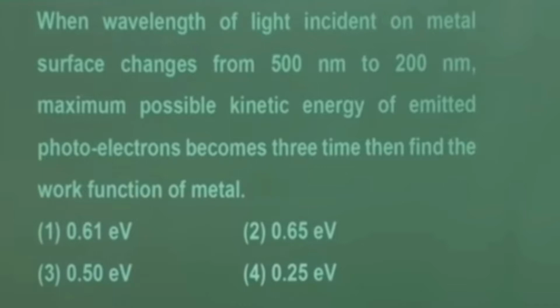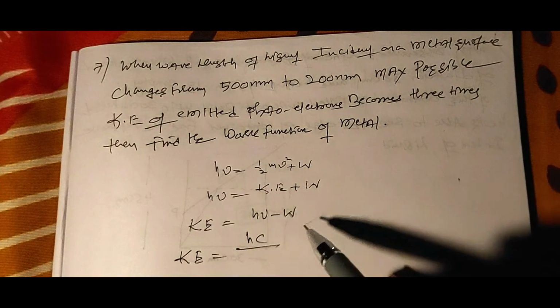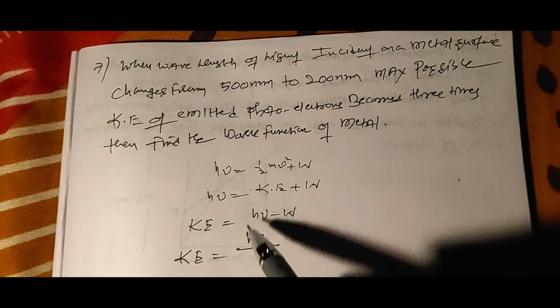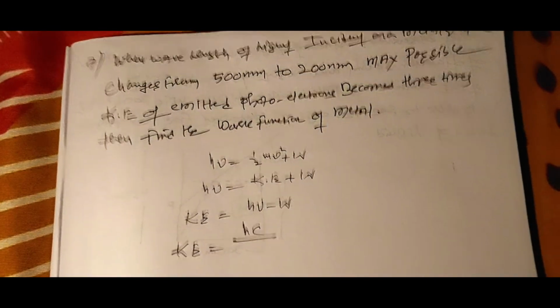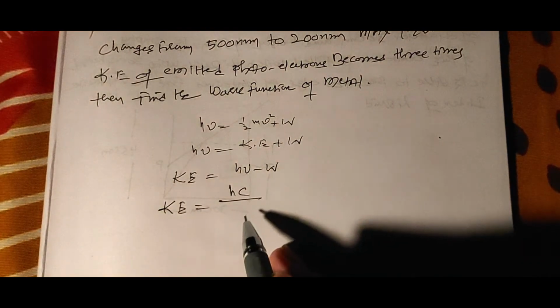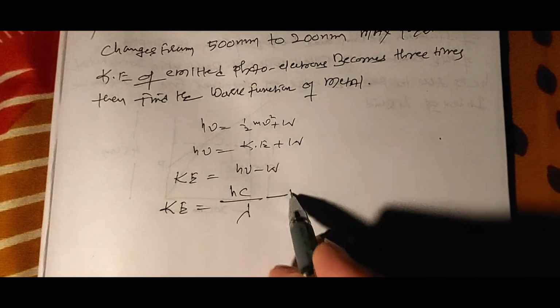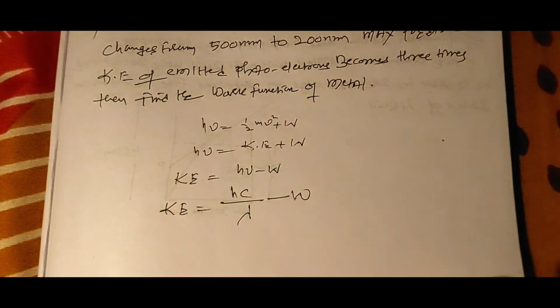According to Einstein's equation, h nu is equal to half mv square plus W. Kinetic energy is equal to h nu minus W, which can be written as hc by lambda minus W.